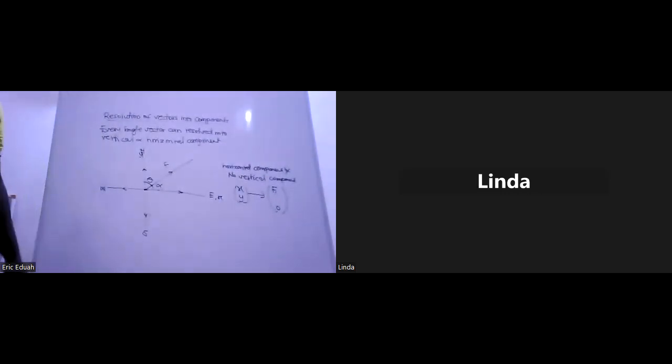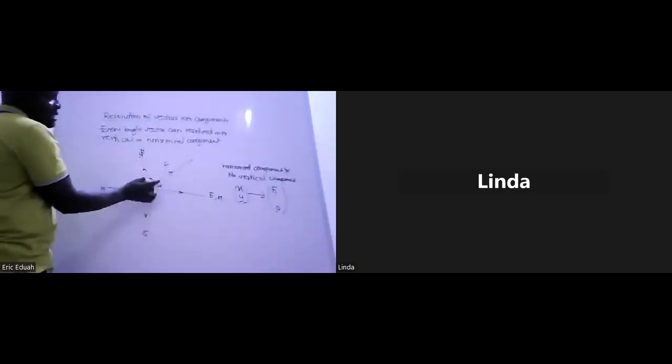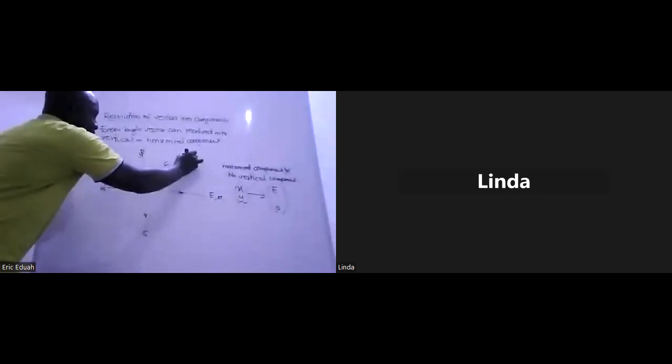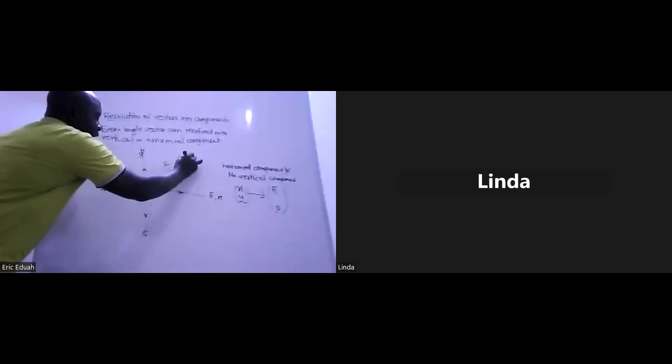So the angle this makes with the x is alpha. It makes an angle of theta to the y-axis. And we are resolving this into components. So let's start with the angle it makes with x.